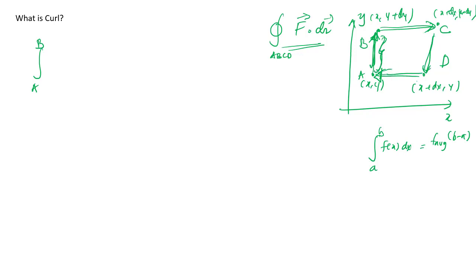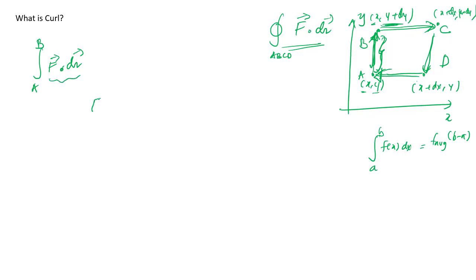I have f dot dr, and because we have a dot product here, we are going to only take certain components. For example, along A to B, only y is changing. X is constant, x remains x. Only y is going to y plus dy. So I need to bother about only the fy component.